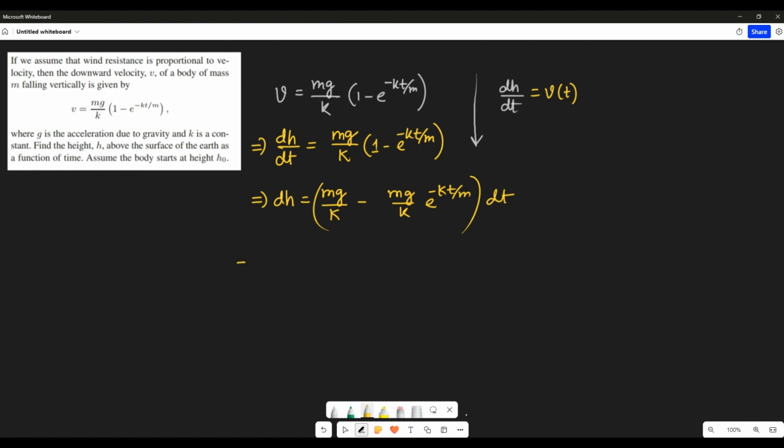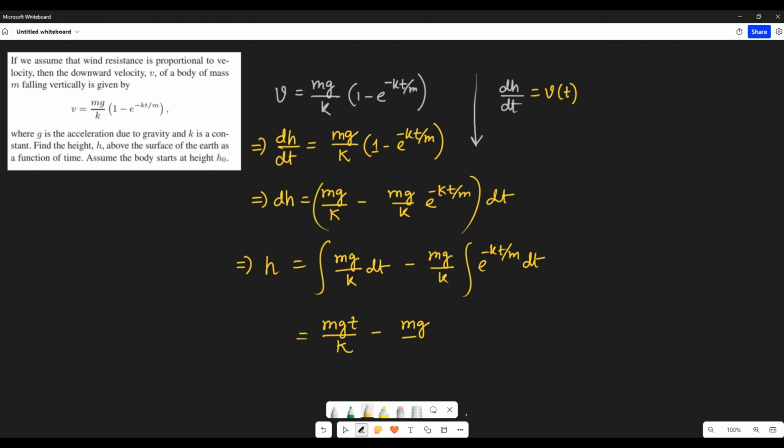Now, what do we know? So we have to integrate this one. So h will be the integration of mg by k dt minus mg by k times the integration of e to the power of minus kt by m dt. Okay, so we can write this as mg t by k minus mg by k. Now we can recall that the integral of e to the power of mx dx is 1 by m e to the power of mx.